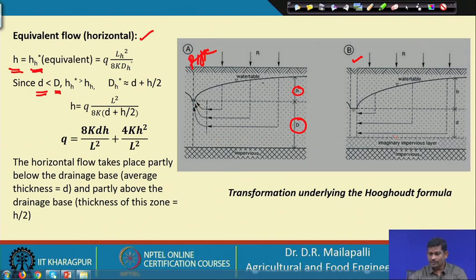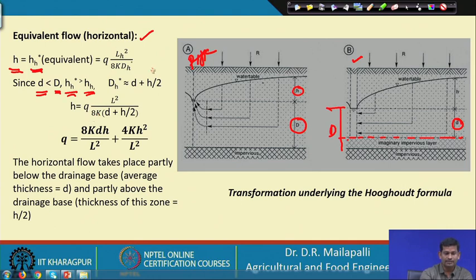So, here in the open ditch system, this is the imaginary impervious layer, and this is the capital D. Now, small d is less than the capital D. So, since d is less than capital D, h dash is greater than h. Okay.